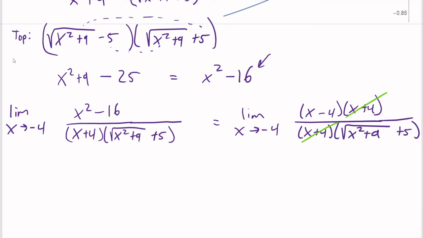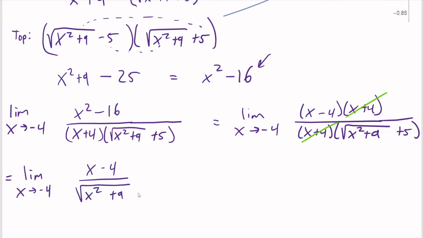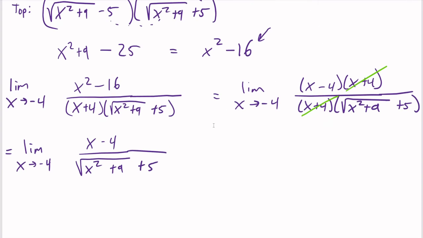Very exciting. So we end up with, and I'll put this down here, the limit as x approaches negative 4 of x minus 4 over the square root of x squared plus 9, plus 5. Now we're at the point where we can plug in again. So let's try it.